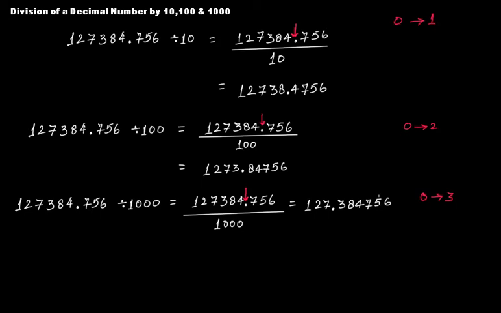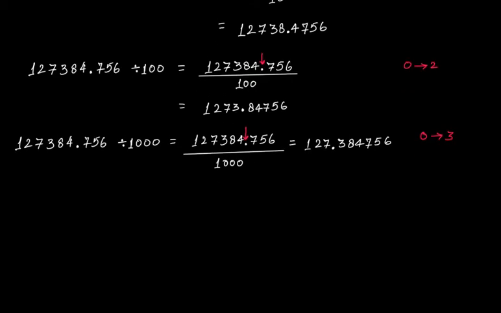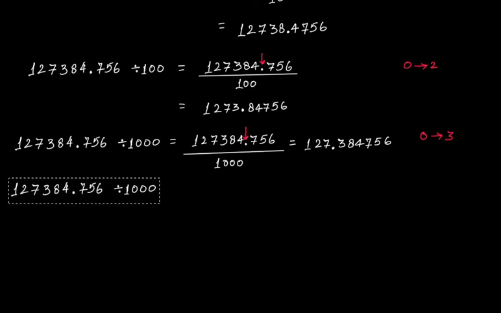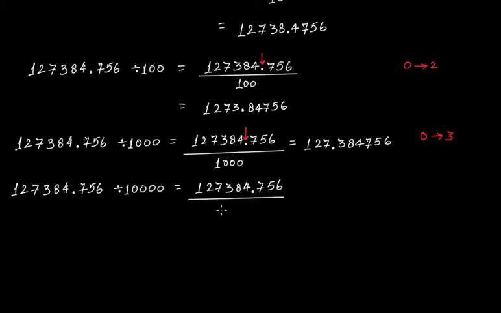Okay, now I'm just moving it down here. Control-C and Control-V, we have this one. In this case, you have to divide by 10,000. It means 127384.756 divided by 10,000. Your decimal point is here.